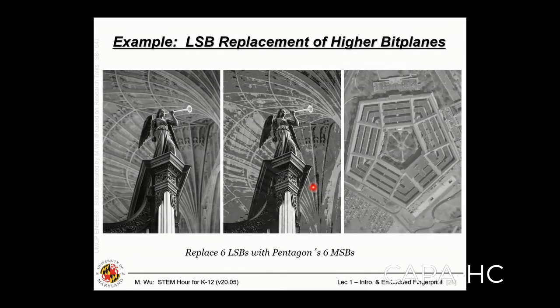But if I'm really greedy, I would replace too many bits with the Pentagon image. I can get the Pentagon image recovered very well, but you start to see the picture is no longer hidden. In the statue, you already know I hid something there, and you see there are some textures of the different wings of the Pentagon building showing up on the fairly smooth background area in the statue.